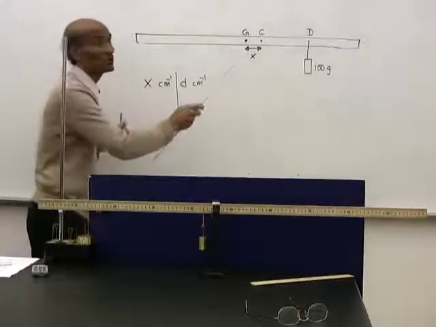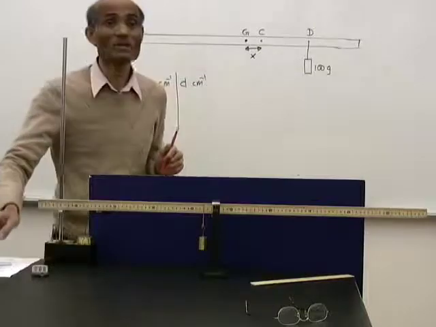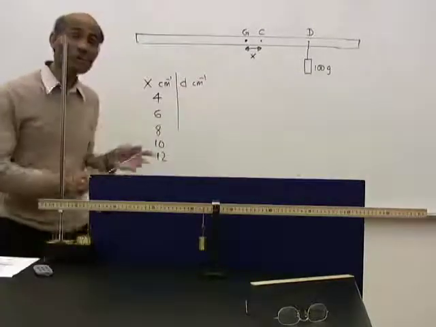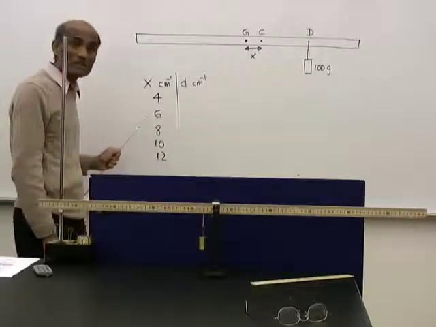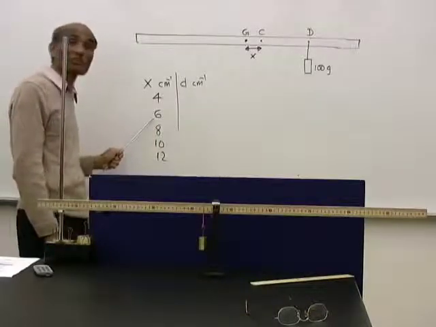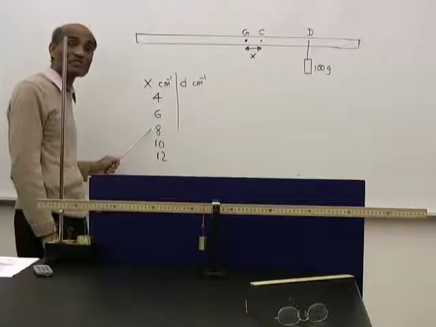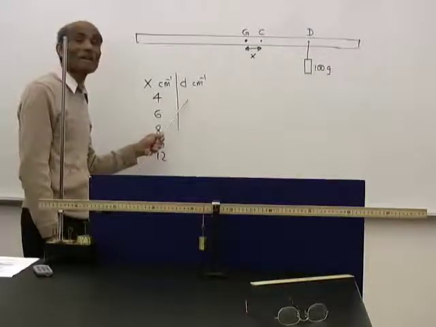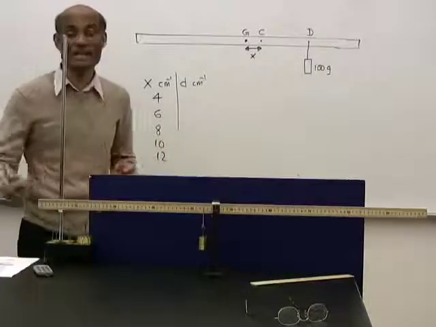Your measured value must be multiplied by your conversion factor. Now we need to repeat the experiment, changing X to 6, and then 8, then 10, and 12, and each time measure the distance D.